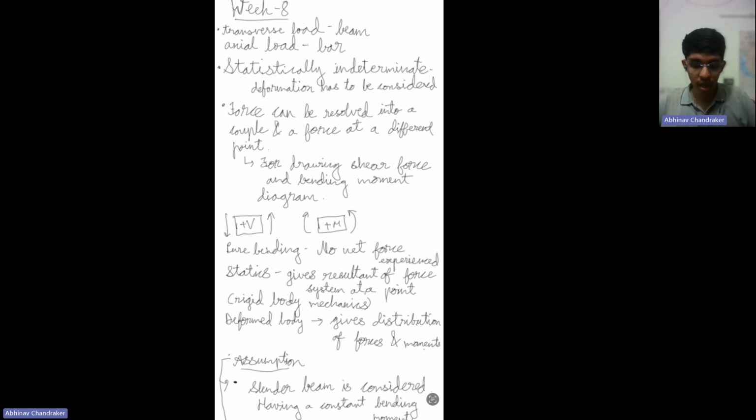Those cases are called statically indeterminate loadings. In such cases, if you consider the members to be rigid and non-deformable, then it's not possible to find out the forces being experienced. But if you consider them to be deformable, and that some small deformation is happening, in that case you can find out the force and moment being experienced.